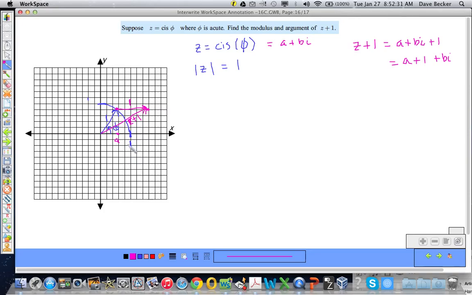And so if I continue this and make a parallelogram here, this is 1, and then this must be 1 because it is parallel to this. So what I have here is a rhombus. I'm going to go ahead and redraw it for you.